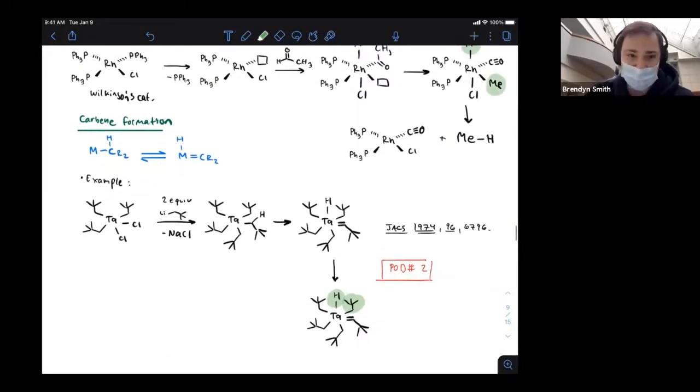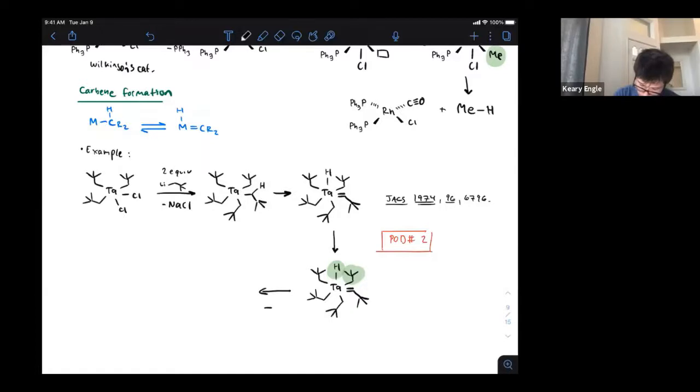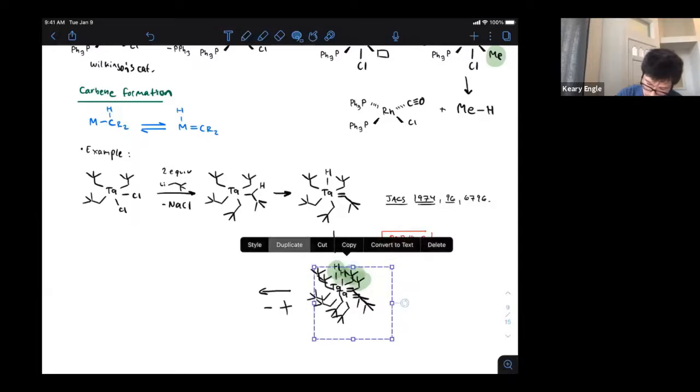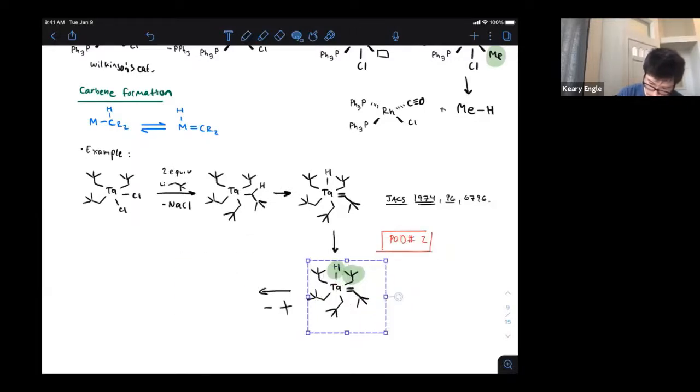Oh, just a quench of the alkyl species, and so in this case you can lose neopentane.